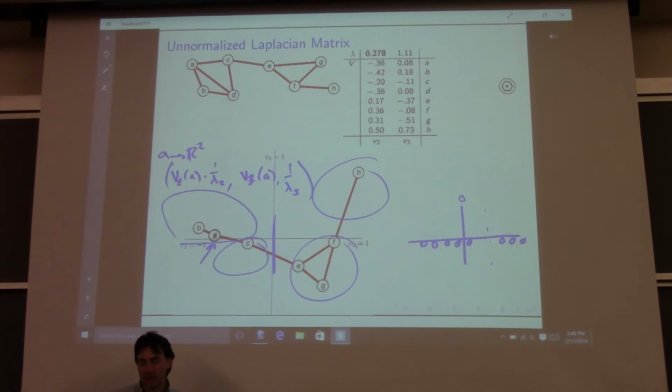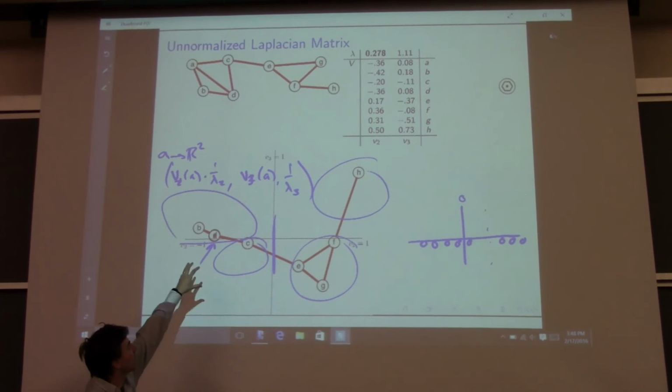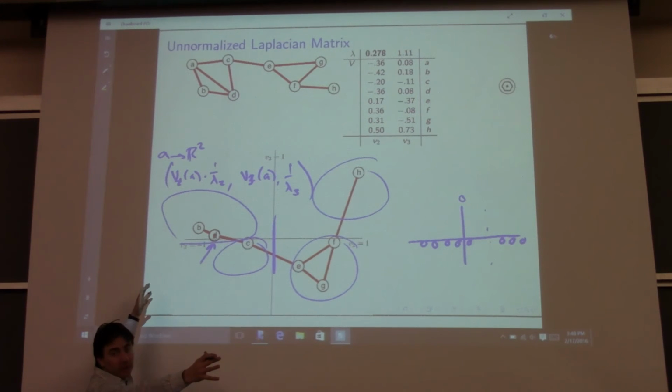What would happen is the x-axis would be much more spread out than the y-axis, because the second eigenvector tells you much more than the third one. And this is roughly the right way to do it, by multiplying the coordinates by 1 over the eigenvalue.